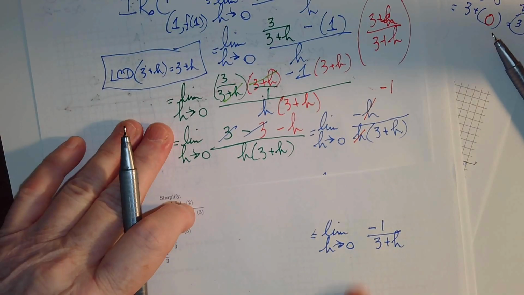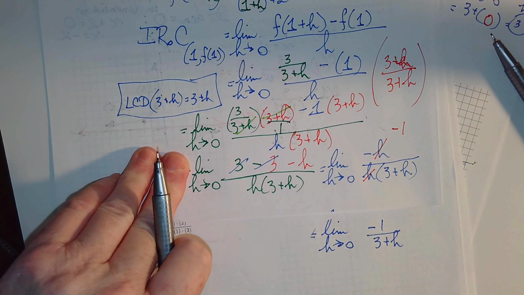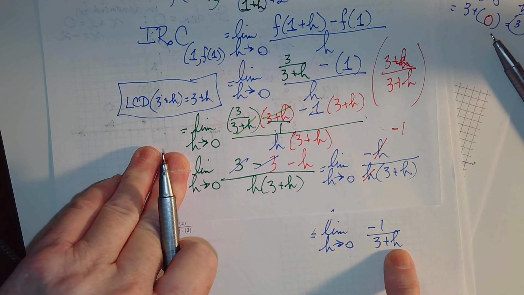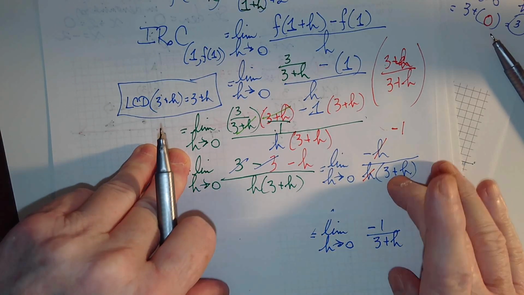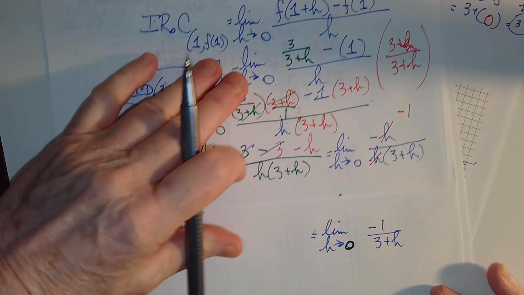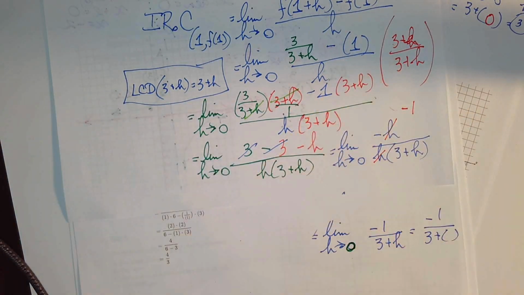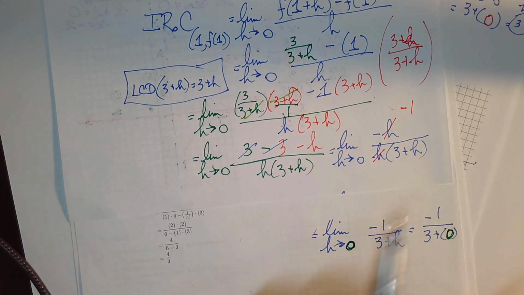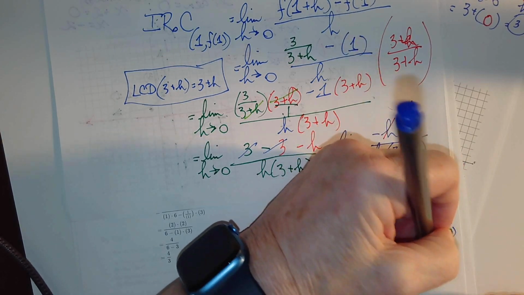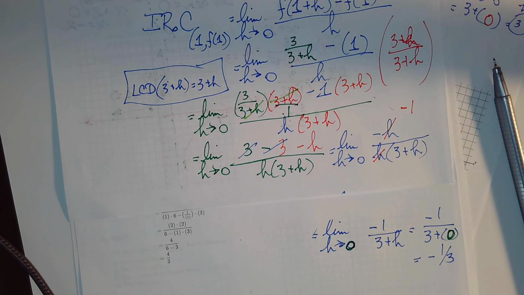Now let's look at this. Is it possible to let h be 0 and not have an undefined fraction? Yeah, sure. We can let h be 0 now. And let's, in fact, let it be green. So we're going to equals negative 1 over 3 plus 0, so I get negative 1/3. Remember that that's the slope of the tangent line. So let's go back to the pretty graph.